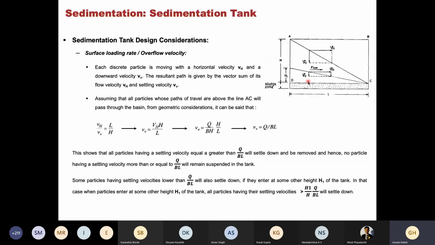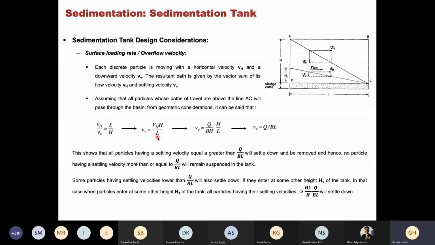If we take this into consideration, then Vh, the horizontal velocity, divided by the vertical velocity component would be proportional to the length of the tank, and Vv would be proportional to the height of the tank. So Vh upon Vv is equal to L by H. This is a simplification of the whole process going on inside the tank.